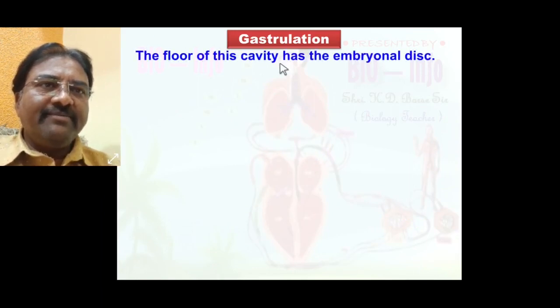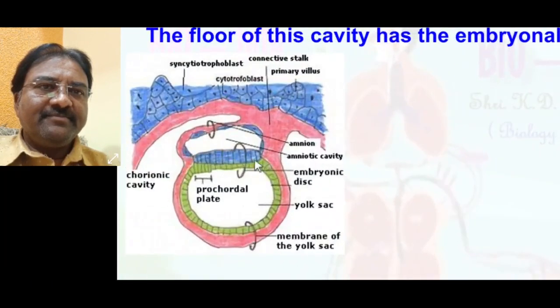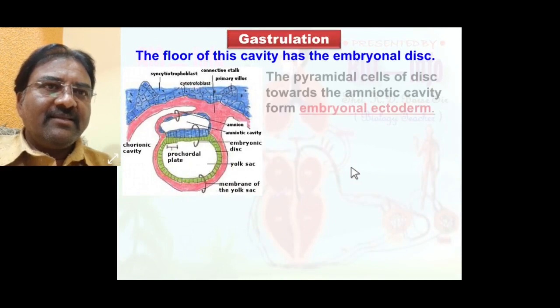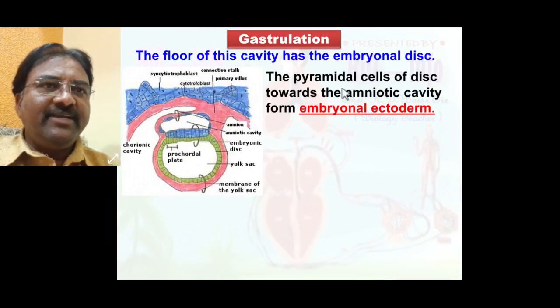Now the floor of this cavity has the embryonal disc. Here we see the floor of the cavity. This is the amniotic cavity, this one is the yolk sac cavity, and this is the embryonal disc. The pyramidal cells of the disc towards the amniotic cavity form the embryonal ectoderm, seen here.